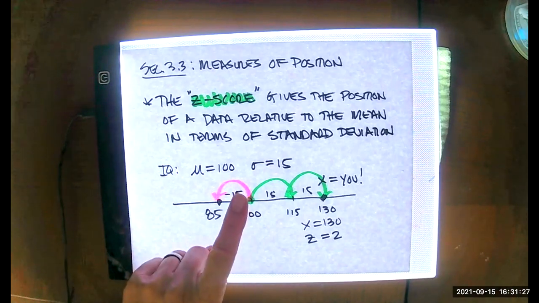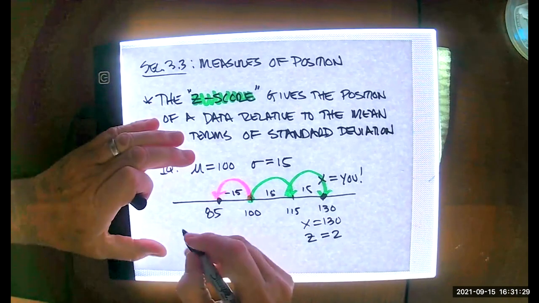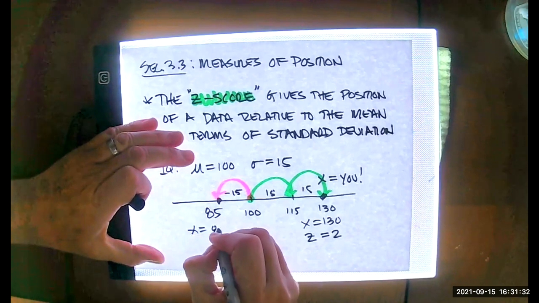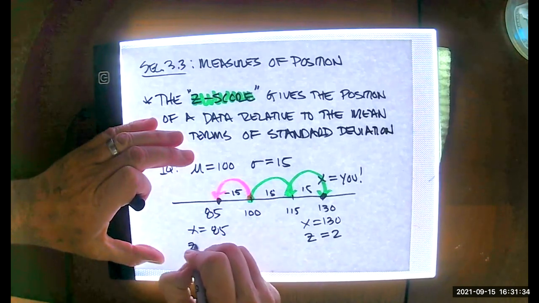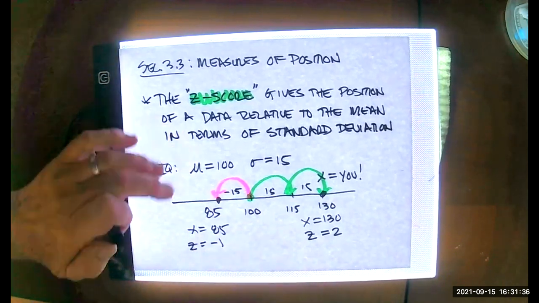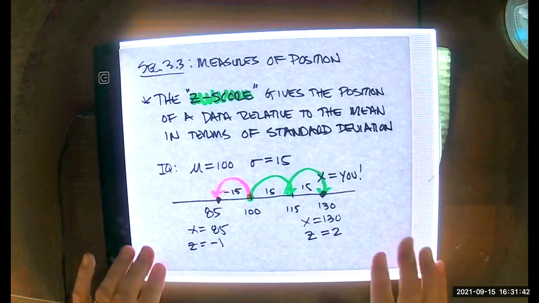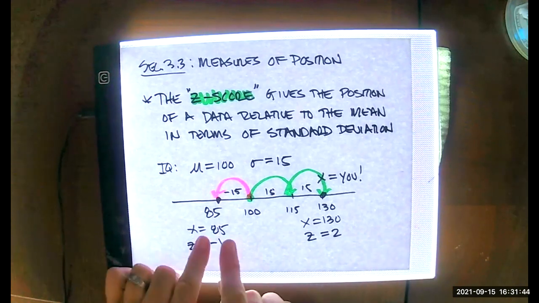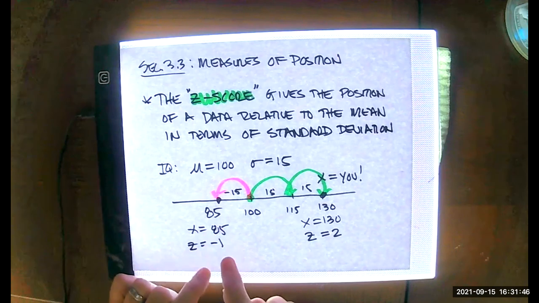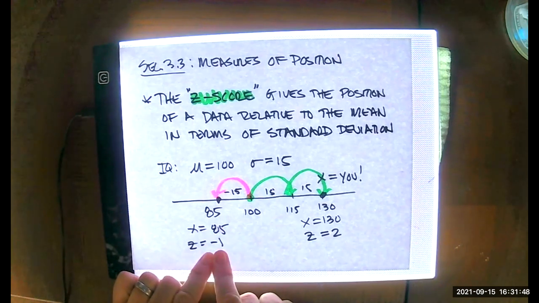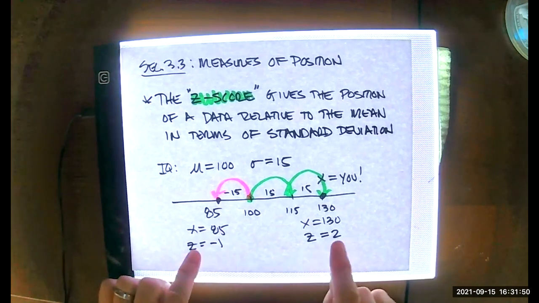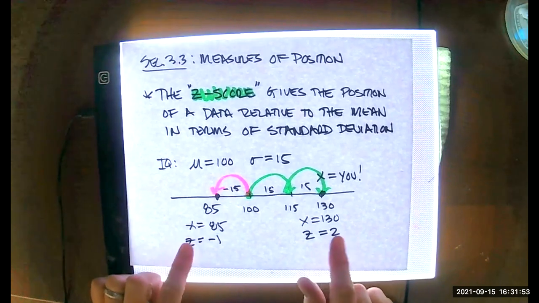It took me a single step. So if the x-score here is 85, the z-score here is -1. So you can see that it renders a score in terms of how many standard deviations above or below the mean that given score is.